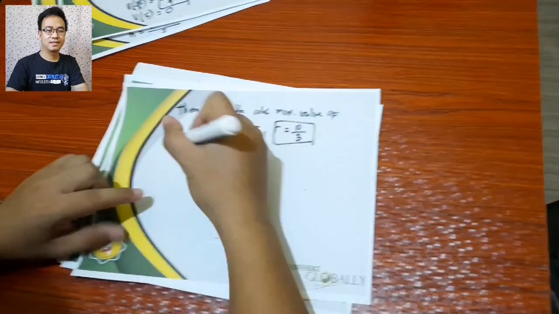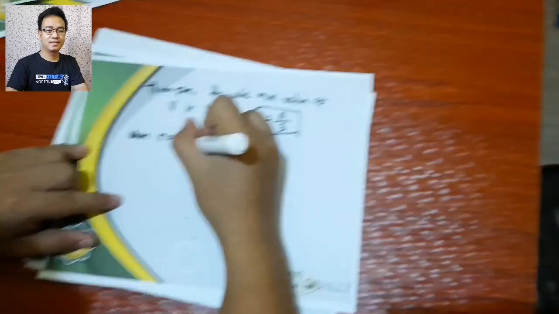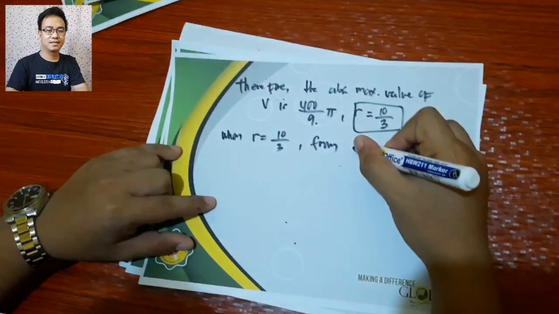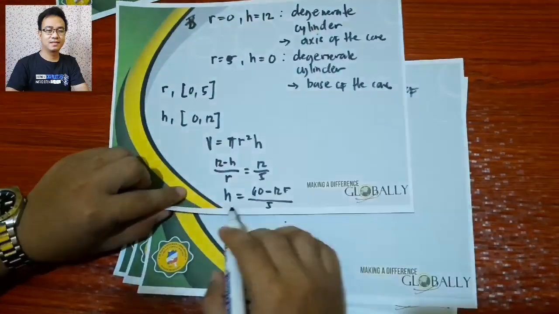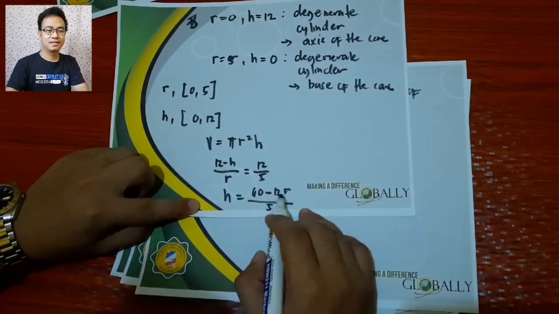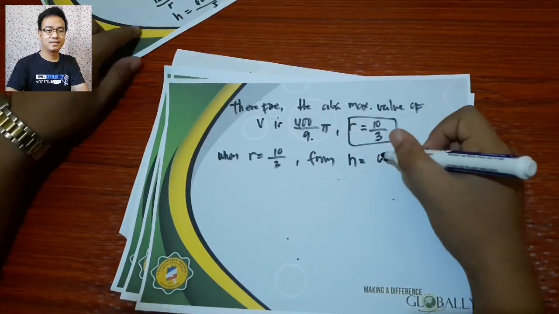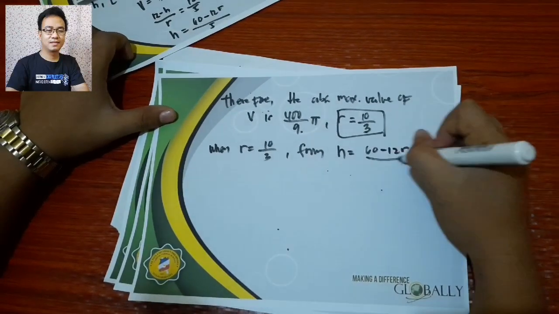Okay? So, when R is equal to 10 over 3, from this equation, H equals 60 minus 12R over 5.